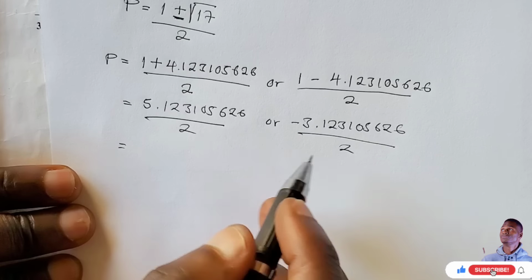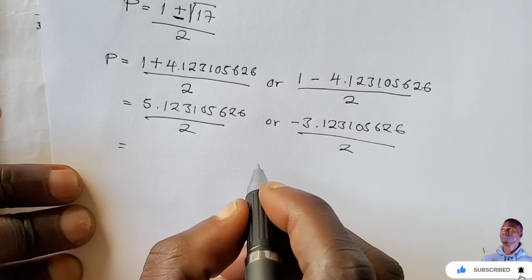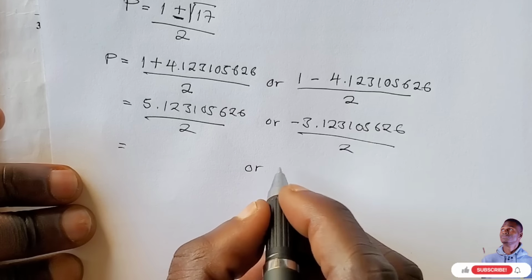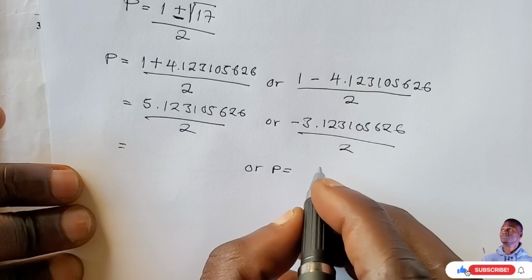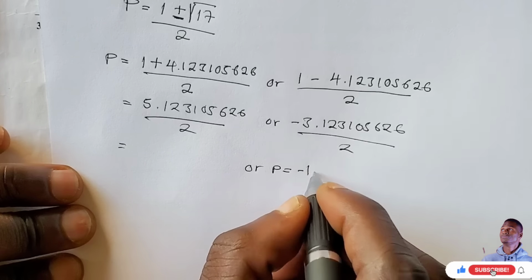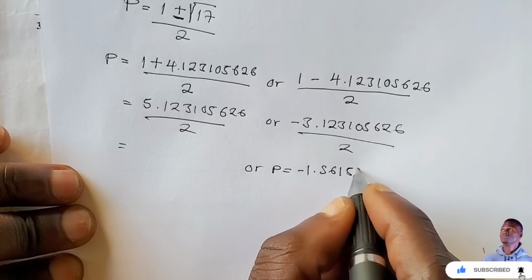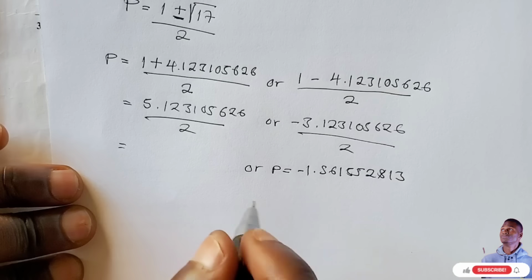Divide the same way, that one for negative 1.56. When you divide that one by 2, p is equals to negative 1.56. Don't worry.